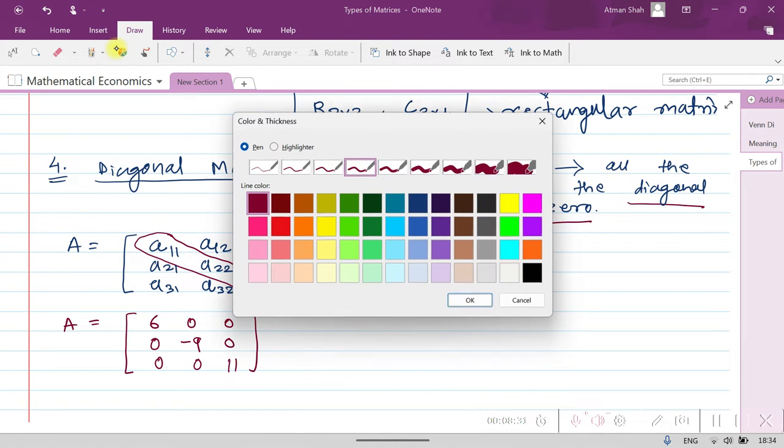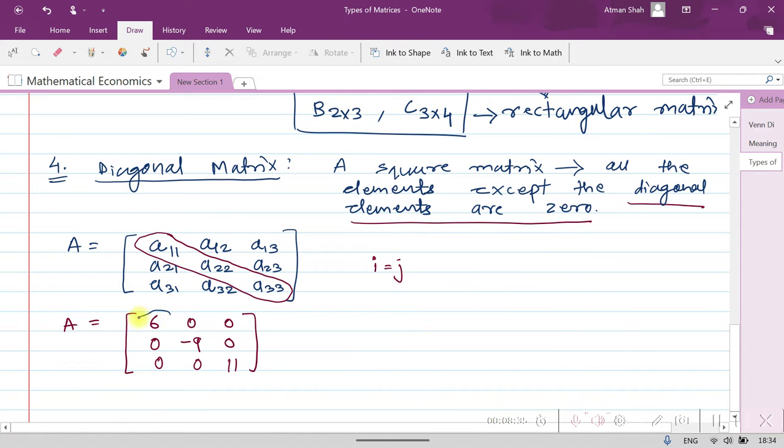Now here you can easily see that the value of the elements except the diagonal elements is 0, and therefore this matrix A is known as diagonal matrix.